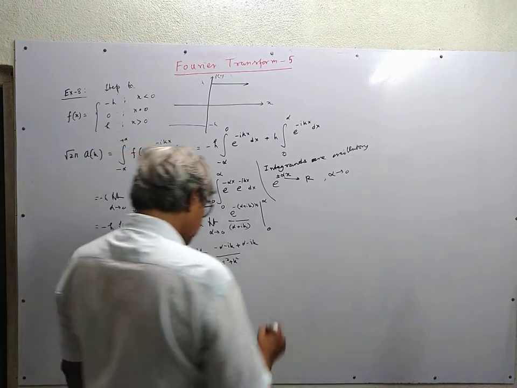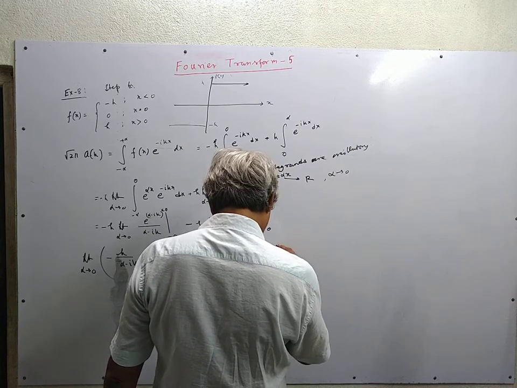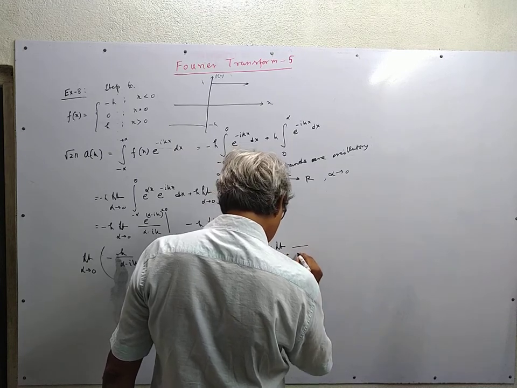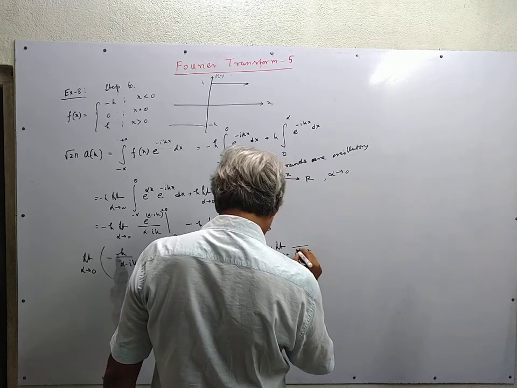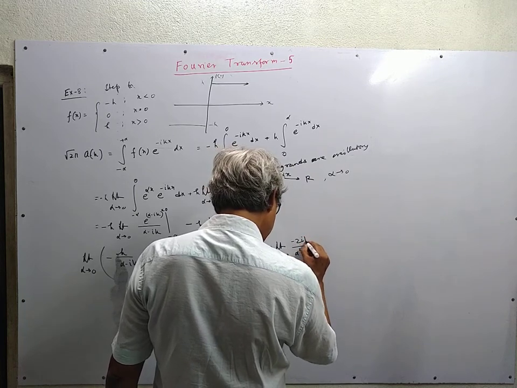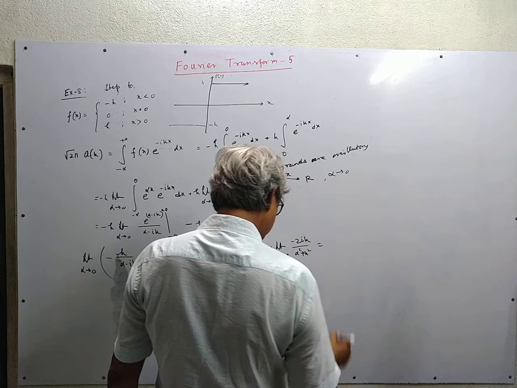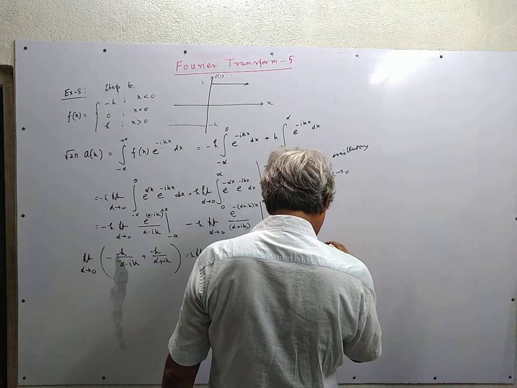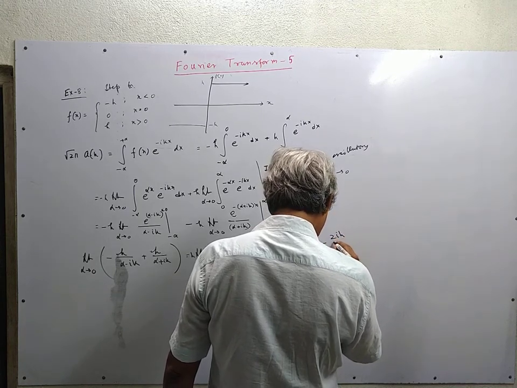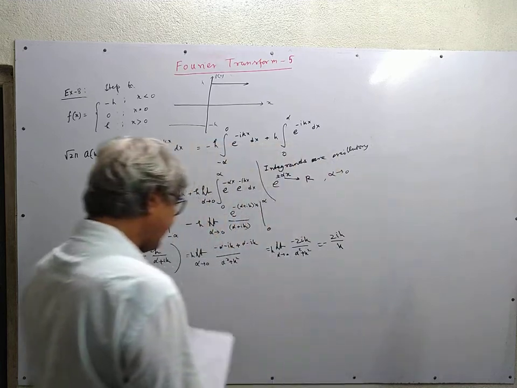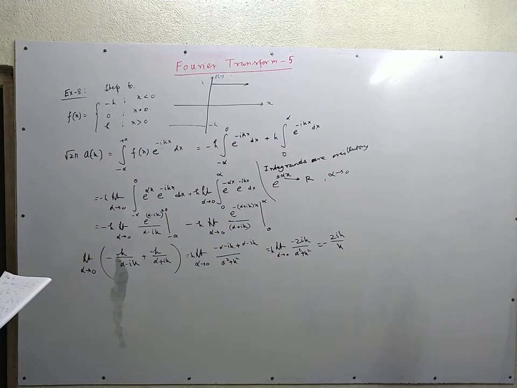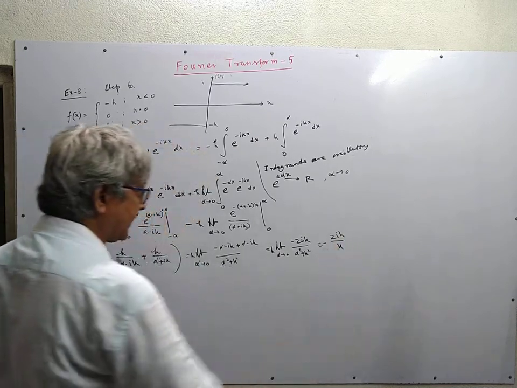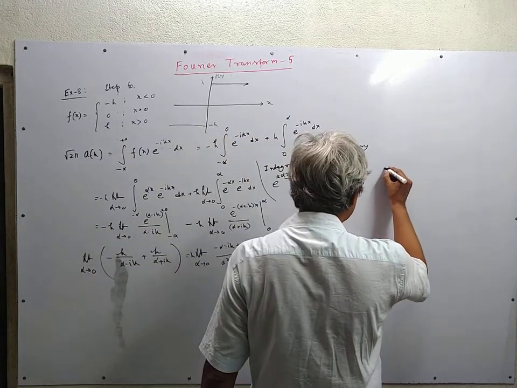So alpha goes, and the result is, in the limit, i h by k. And if we adjust this factor, then some numerical factor will change. And let us see how this behaves.